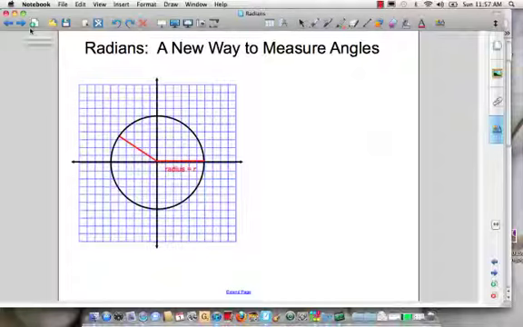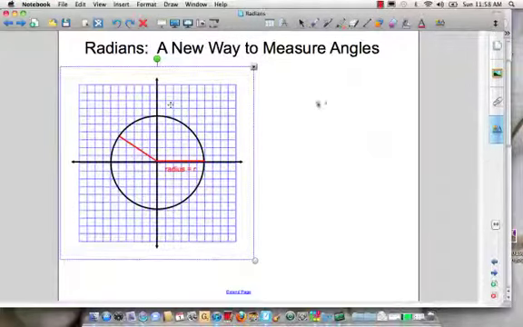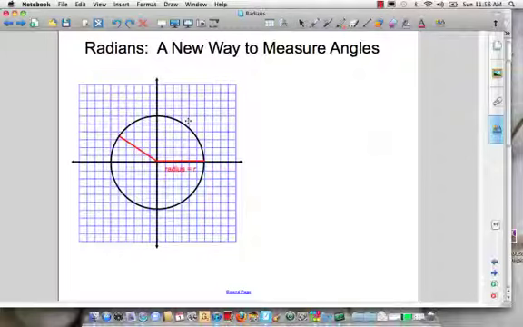This works for any angle measure. So suppose you have the angle shown here in red. Again, it's placed in standard position. The circle has some radius r, and that large angle subtends the arc that I've labeled in green. And if you wanted to know how many radians that angle was, you would do the following.